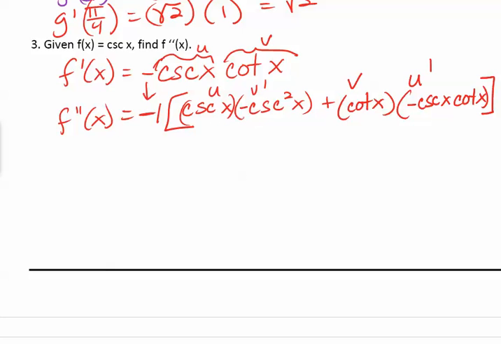Perhaps an obvious thing to do here is to factor out a negative cosecant out of each term, since bringing the negative out with this negative 1 already will become a positive.